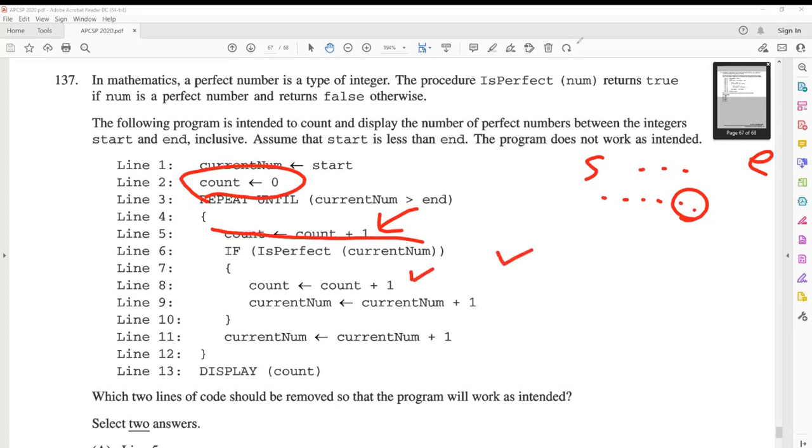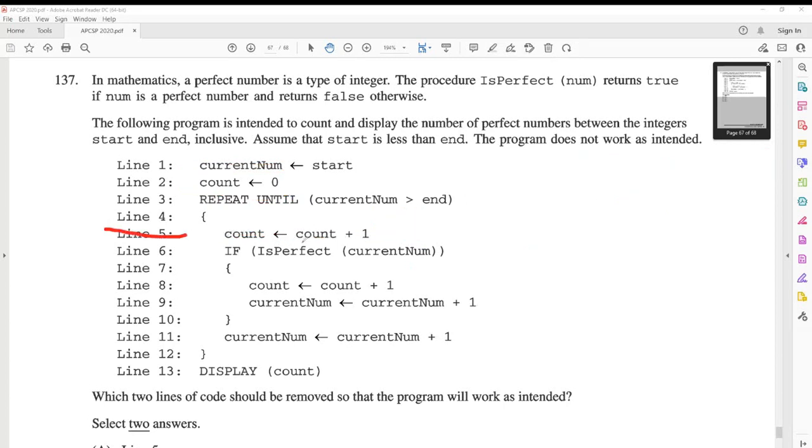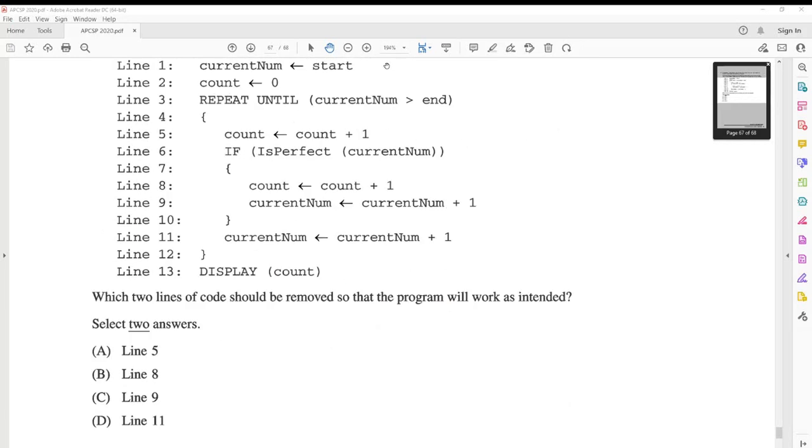So apparently 95 needs to be deleted. And then the current number, actually only perfect number, this one should be deleted. So actually 95 and 99 need to be deleted. So the answer is A and C on 137.